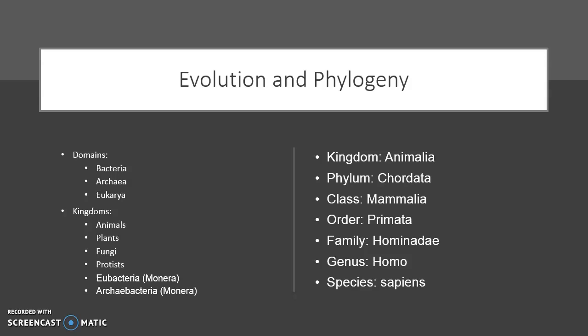So we know that frogs are amphibians. We know that cats are felines. And so these different families, these different organisms that are alike, we can use phylogeny to see just how alike they are.